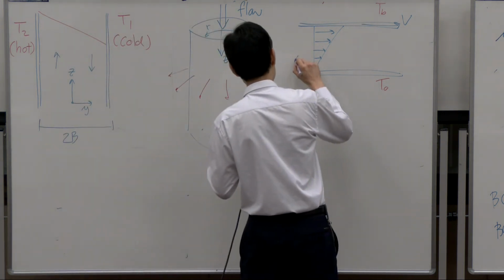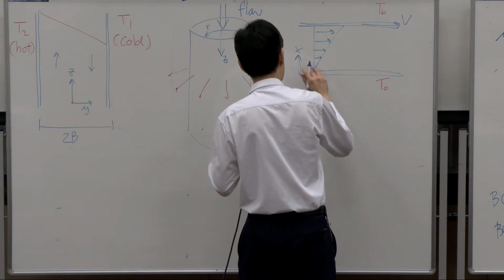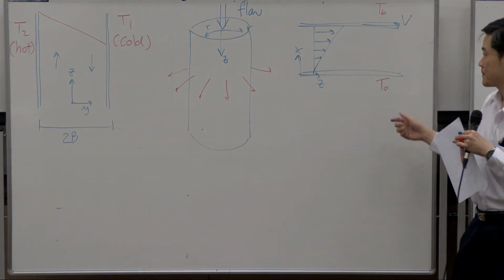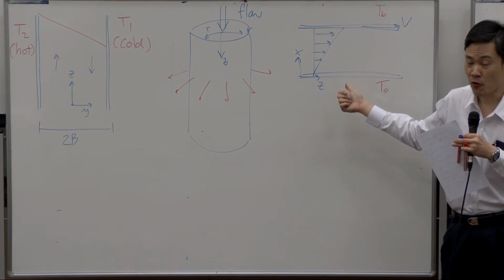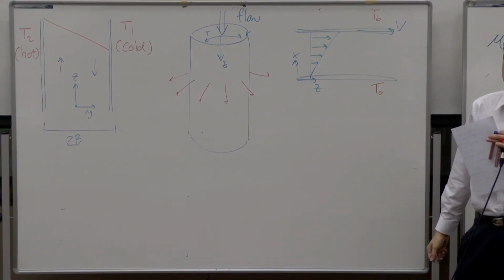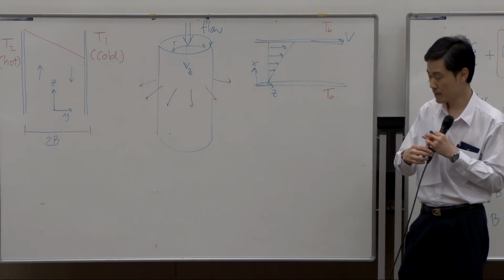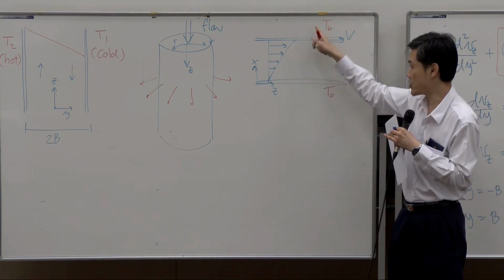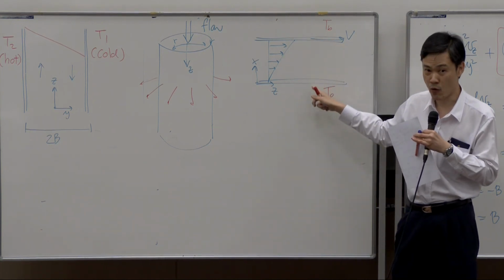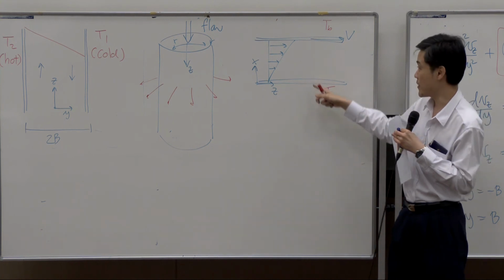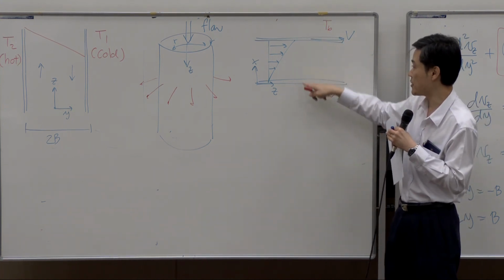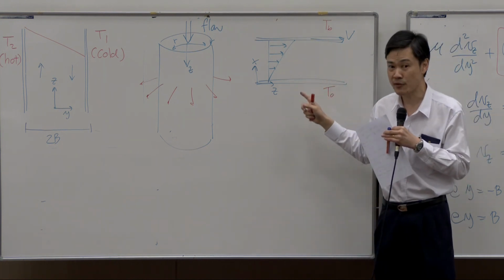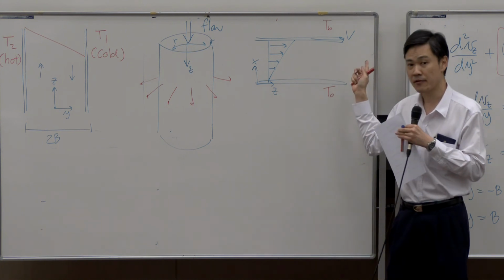In this example, this is X, this is Z. Is there any convective transport in the Z direction? In this example, if you look in the X direction, there's energy transport for sure, right? High temperature, low temperature, there'll be energy transport in the X direction. Is there any energy transport in the Z direction?